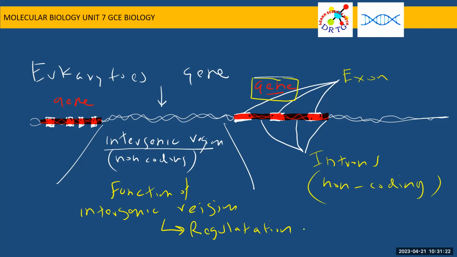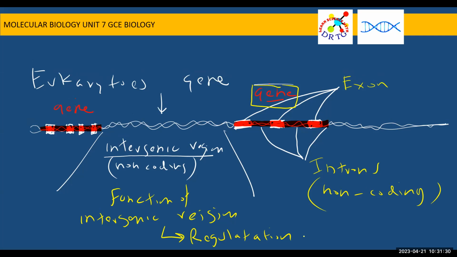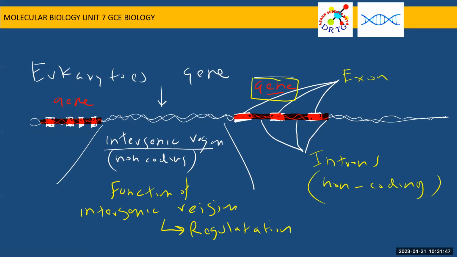Right. We try to look a little bit at what happens during the protein synthesis process. We are going to learn protein synthesis in detail in this section, but before that, I will give you a summary of protein synthesis to explain the role of exons and introns.